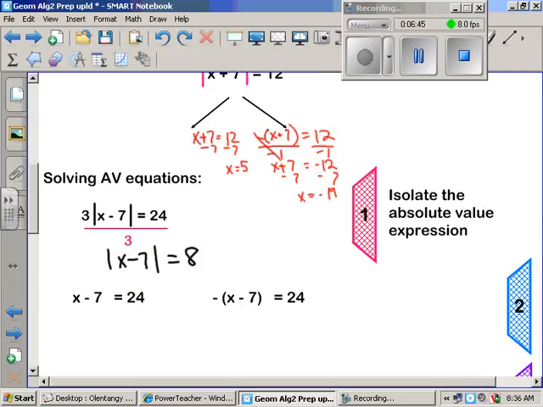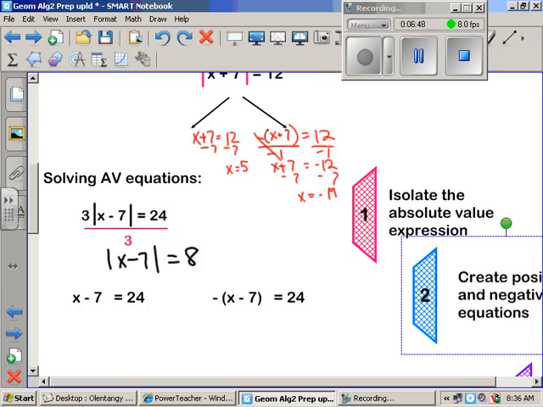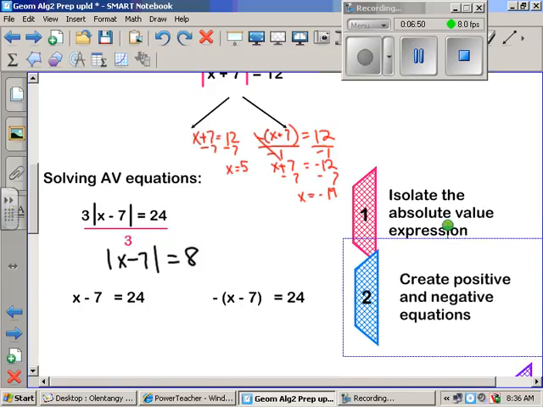The next step is to create a positive and negative equation. So the absolute value of x minus 7 equals 8. Oh, shoot. It shouldn't be 24, it should be 8. It should be x minus 7 equals 8 or negative (x minus 7) equals 8.